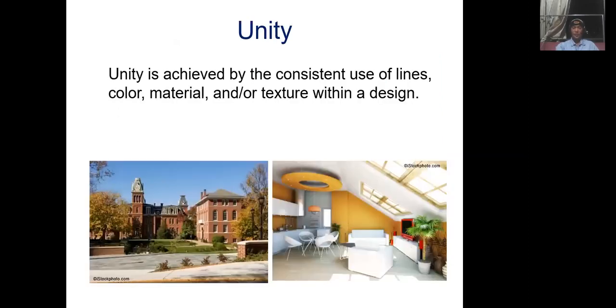Now, when we talk about unity, it is achieved by the consistent use of lines, color, material, and or texture within a design. Even though individually some things could really not stand out if they are alone, if you put them together, they can create a unity. So this also works with music.